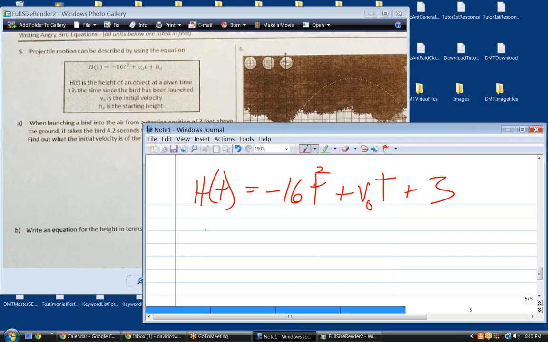So I know that 0 is going to be the height of the bird after 4.2 seconds, right? So I'm going to plug in 0 for h, I'm going to plug in 4.2 for t, and I'm going to solve for v.